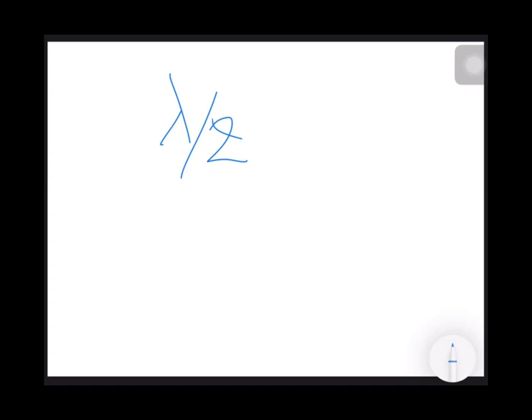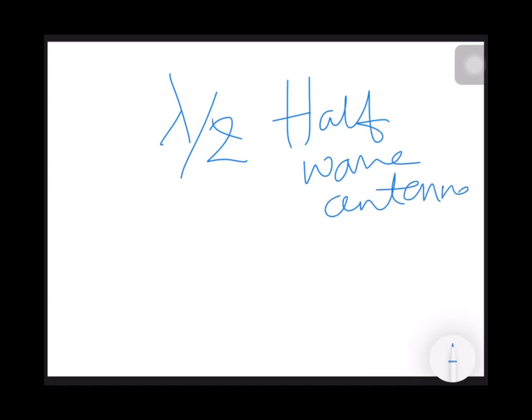So the lambda by 2 antenna is also called a half wave antenna or a half wave dipole antenna.